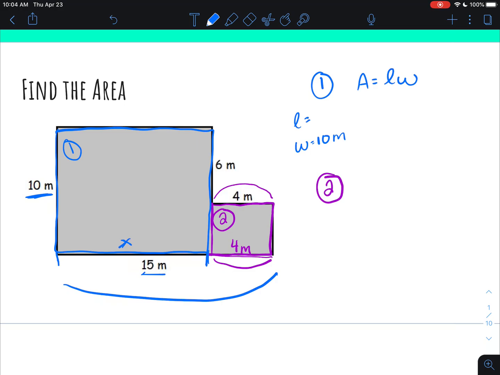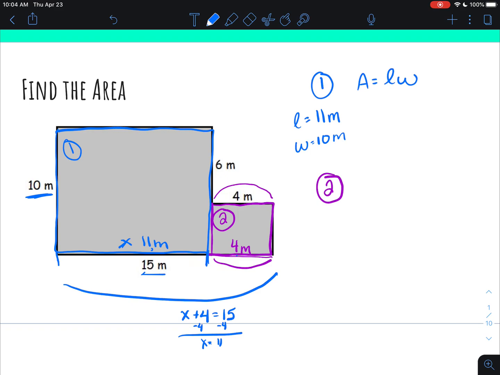I don't know what this x is, but x plus 4 should give me the total of 15. Or you can think about it as the total is 15, I take away 4, and this chunk, or x, equals 11. So this is actually 11 meters. 11 plus 4 does give me the total 15. Right there, you have to use your reasoning skills, and that's why this can be a little difficult.